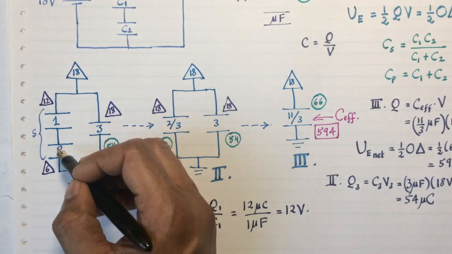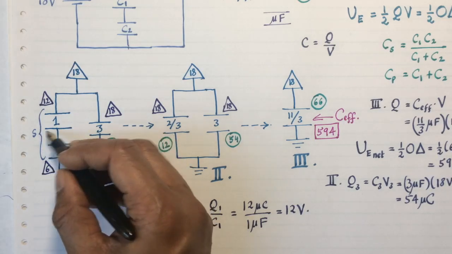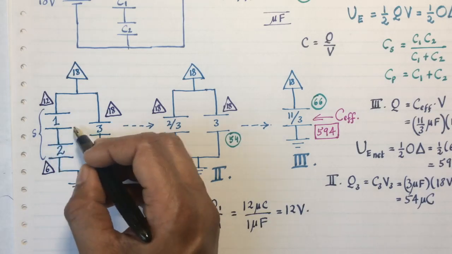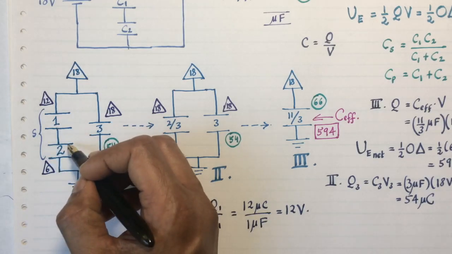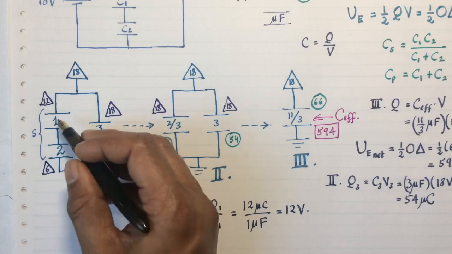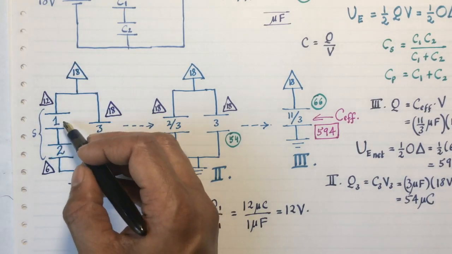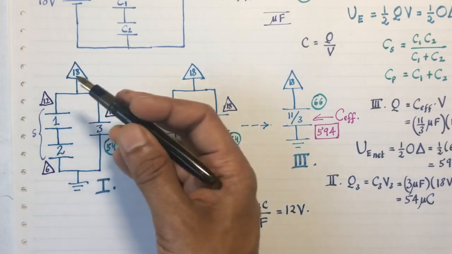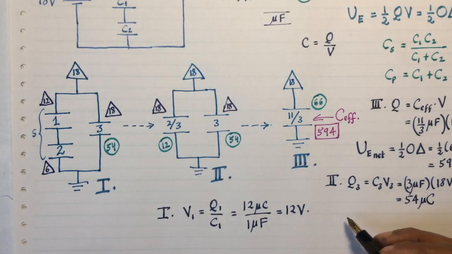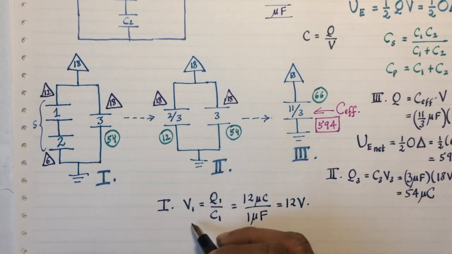You cannot have different charges in a series combination. Because of that neutral metal island shaped like the letter H, if seen sideways, the charges on the two capacitors have to be the same, and that's only possible if a smaller capacitance has a bigger voltage.